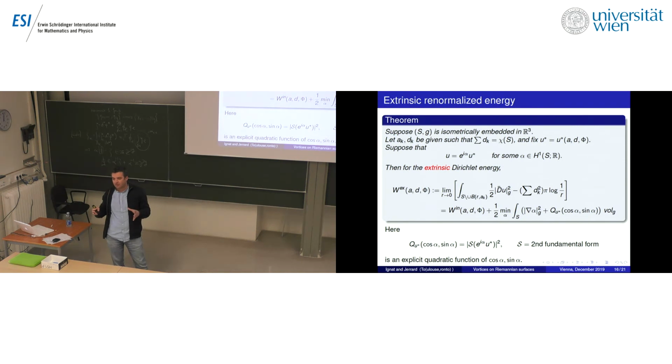For example, in a sphere with the canonical metric, nothing changes. But in general, this will change, and it will give you an additional term that could change your minimizer.